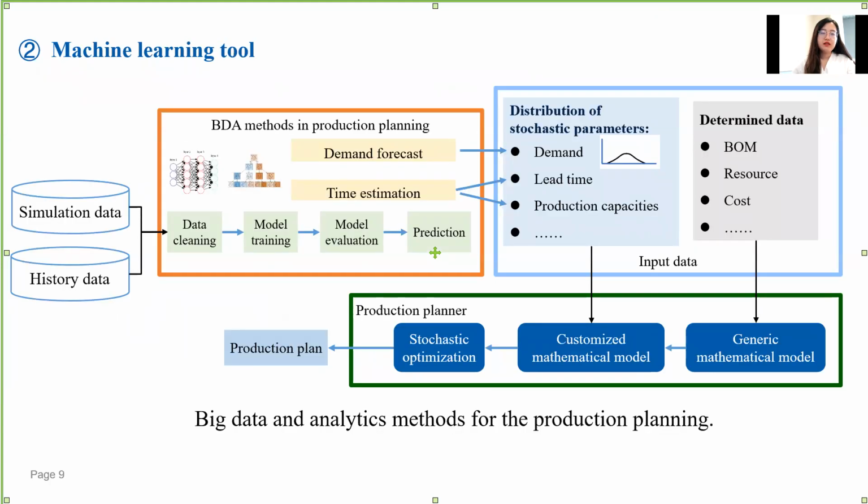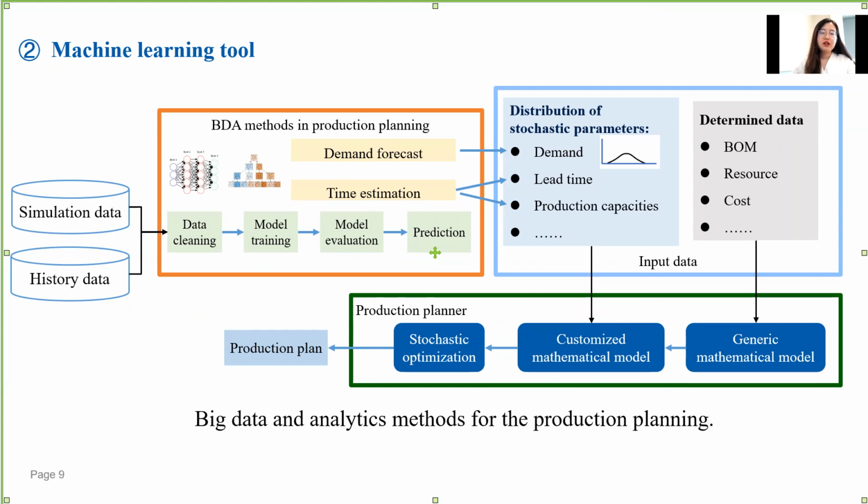And the second one is about the machine learning tool. For this tool, we first collect the data from the simulation, and the historical data can also be the input for this tool.